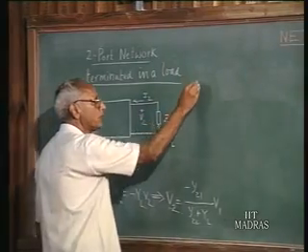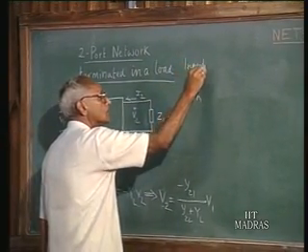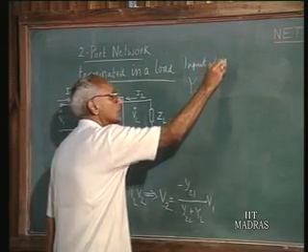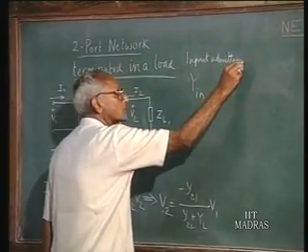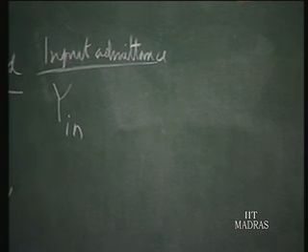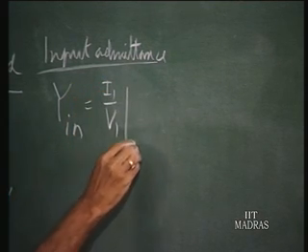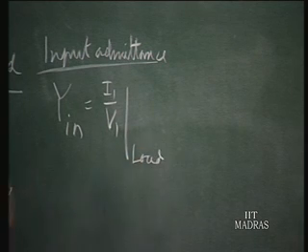Therefore, the input admittance at port 1, when port 2 is terminated in a load admittance YL, can be obtained as I1 over V1 with load at port 2.